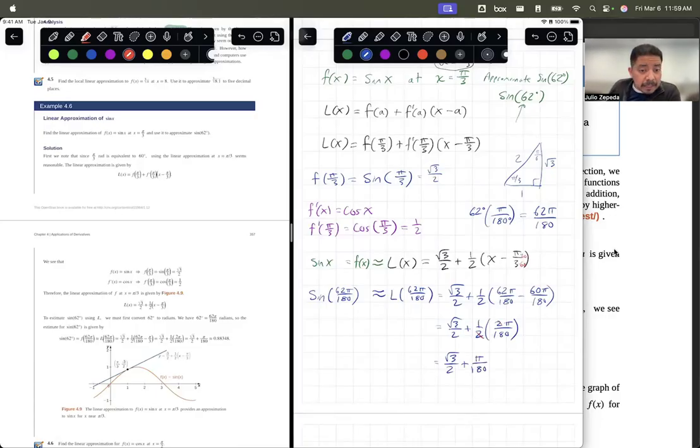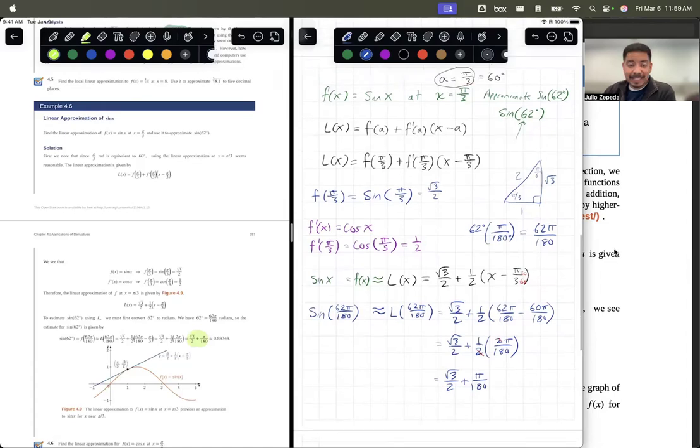All right, and then let's go ahead and take a look here. At this point in our solution, we could compute this. I'm not going to take the time to compute this without a calculator, but we definitely could, because in the previous example, we showed that we can calculate square roots using linear approximations.